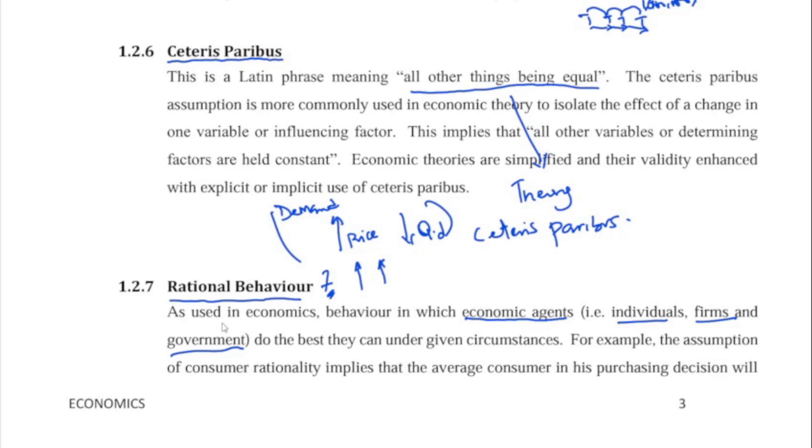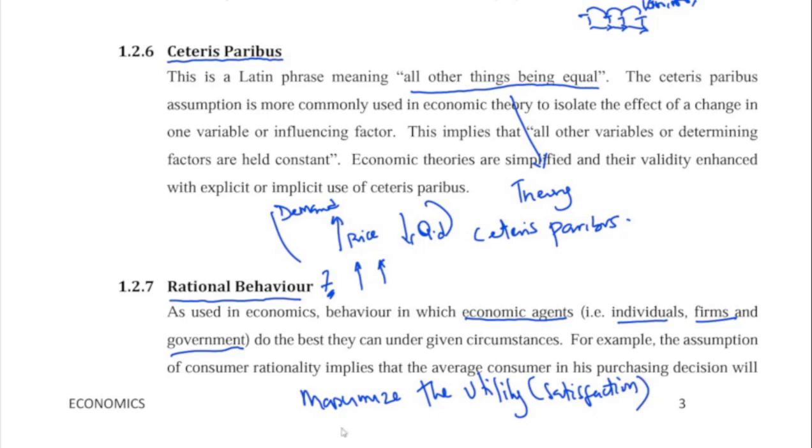So it means that these economic agents, under any given circumstances, do the best they can to maximize the utility. And what is utility? Satisfaction they will get from their scarce resources.